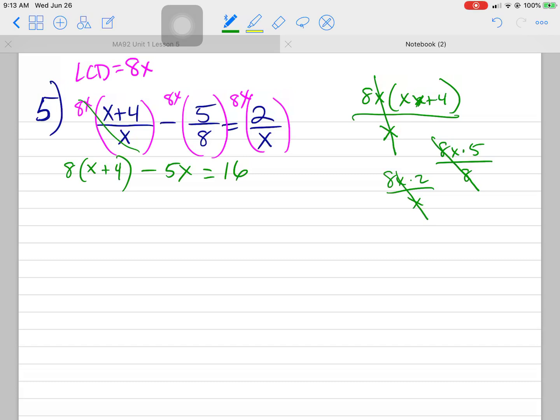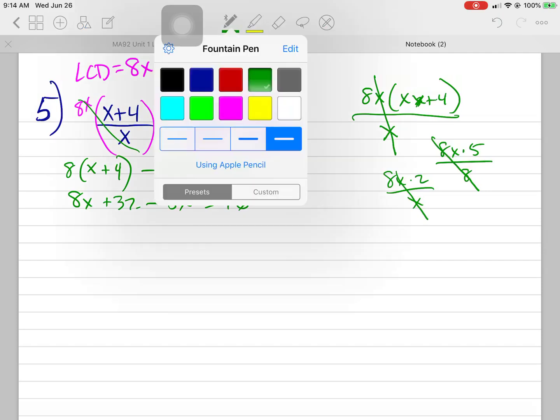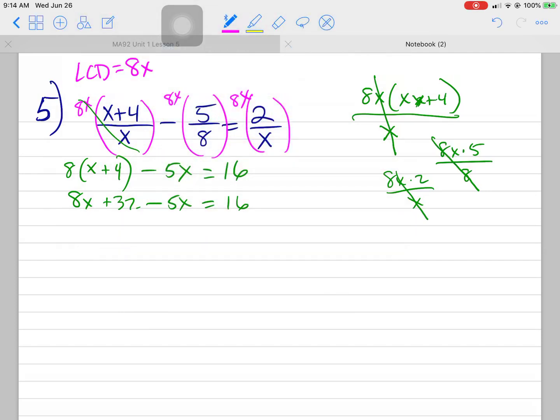Let's see. Then we need to distribute. Combine like terms. Sorry, that's here. Let me go with a different color. Like terms. There's two variable terms in this expression on this side of the equation, right? 8 minus 5 is 3x.